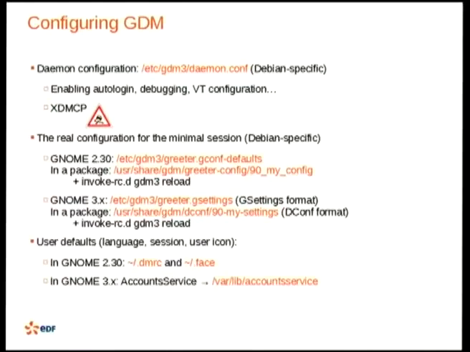User defaults, which I mean language, session and the user icon, the icon you get near your name. They used to be stored in your home directory, but there were some problems with, for example, automatic mounting or encrypted home directories.